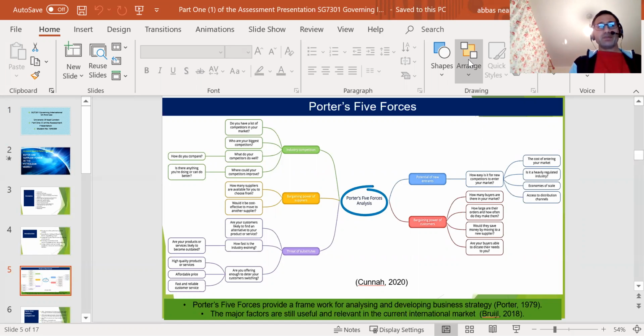This diagram shows the 5 forces and how they interact with each other. It clearly shows here that various factors influence the power of any buyer or seller. For example, does the seller have a choice of buyers?